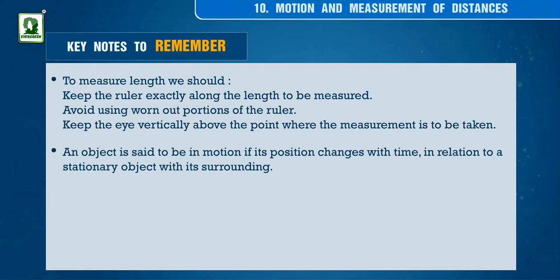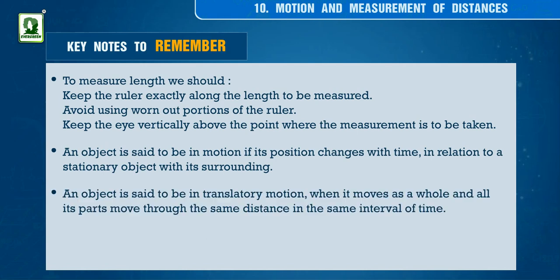An object is said to be in motion if its position changes with time, in relation to a stationary object with its surrounding. An object is said to be in translatory motion when it moves as a whole and all its parts move through the same distance in the same interval of time.